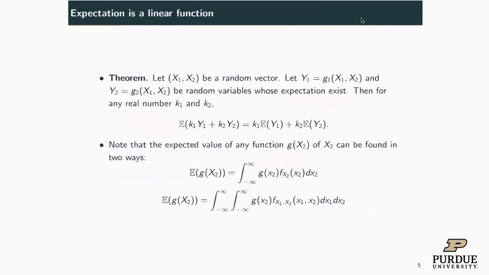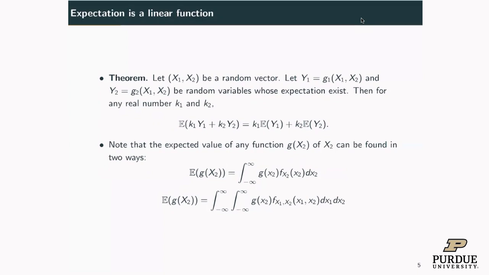The most important property of expectation we talked about last time is that expectation is a linear function. That means every time you see a constant, you can move the constant out of the expectation. Let (X1, X2) be a random vector, Y1 equals g1(X1, X2), and Y2 equals g2(X1, X2). These Y1, Y2 are random variables.